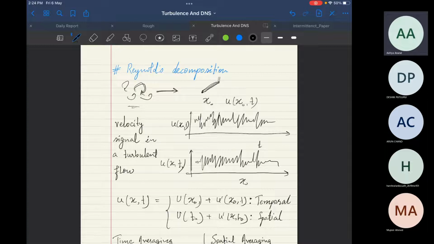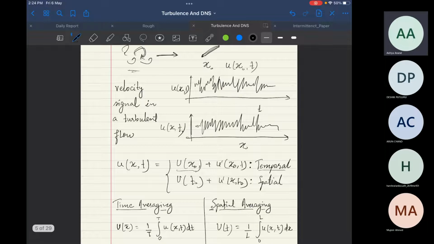Now, this decomposition can be in time, which is the temporal decomposition, where you use the time average and the fluctuating part, or it can be in space as well, where again you decompose it in terms of space average and the fluctuating part. So for the temporal averaging, your mean velocities would be a function of space, and for your spatial averaging, your mean velocities would be a function of time.